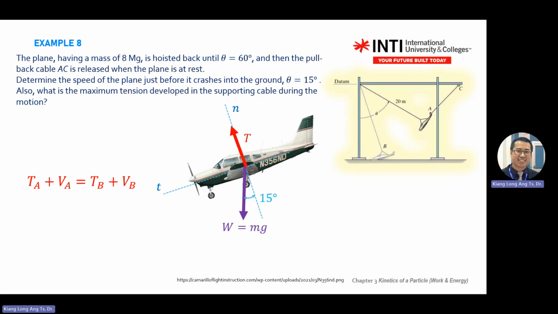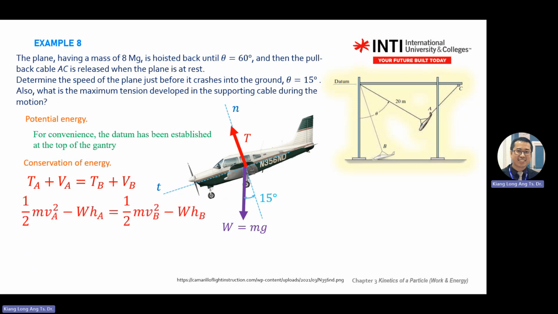Because the question already hints that you need to focus just before it crashes. Just like the question just now, the boy sliding down, it tells you that position B is your focus. So potential energy, mgh. The datum is given on the top, so the plane is below the datum. You use conservation of energy here: kinetic plus potential before equals kinetic plus potential after.